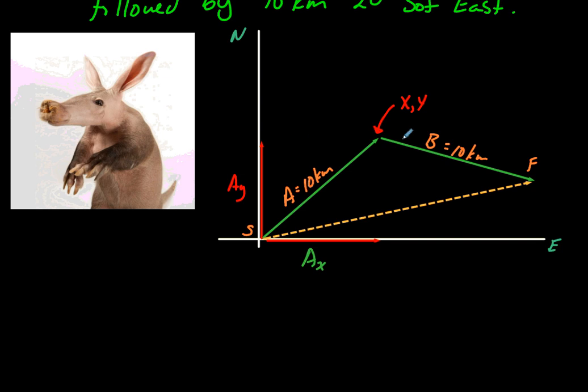Okay, and then we're going to look at the second vector, vector B, which moves the aardvark further along in the x plane. We're going to define that as B x, and it also moves it in the y plane. So back against the grain down to about there.